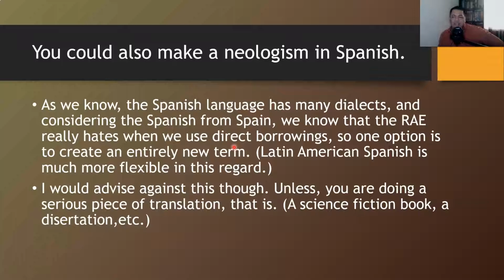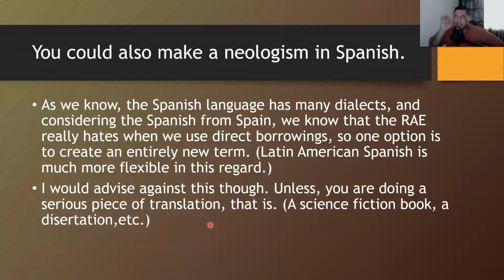I would advise you not to do this, however, unless you are doing a serious piece of work, that is a book, a dissertation, etc. Because if you try to create a new word, if you try to make your own neologism, it has to catch up. If it doesn't catch up, it loses its purpose. So that's why I advise that we do this when we are working with serious pieces of translation.